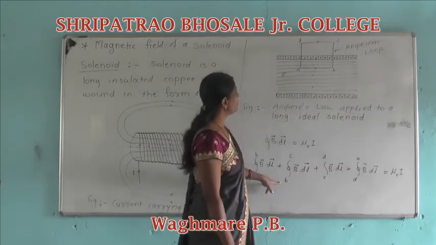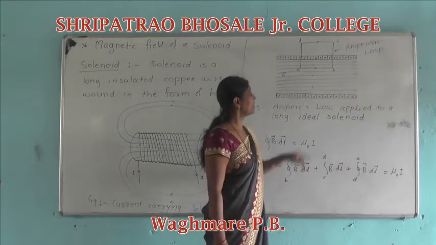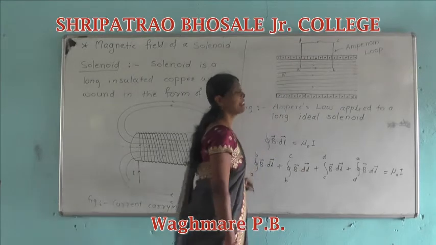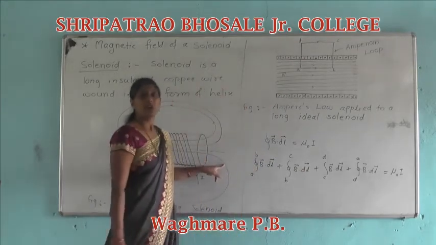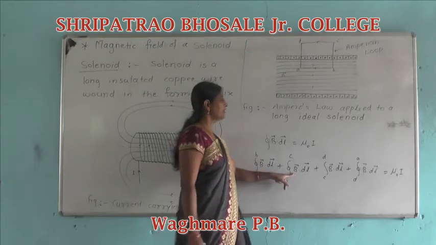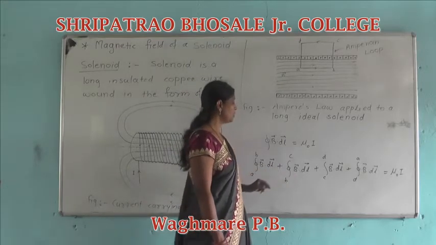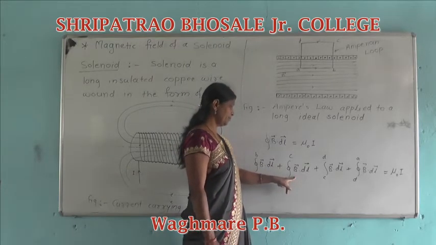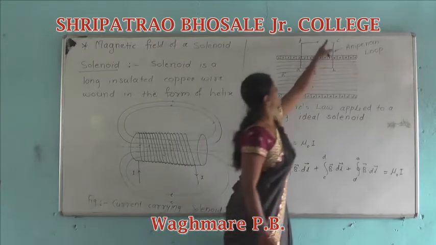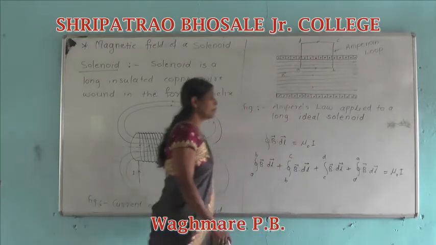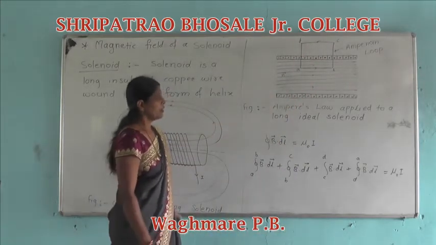The angle between the length and the magnetic field is 90 degrees, and therefore the integration over lines BC and DA will be equal to 0.